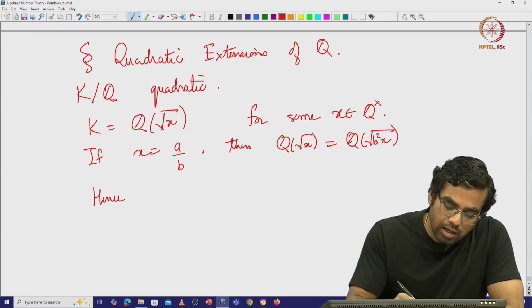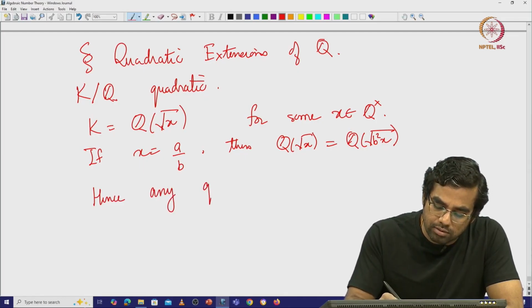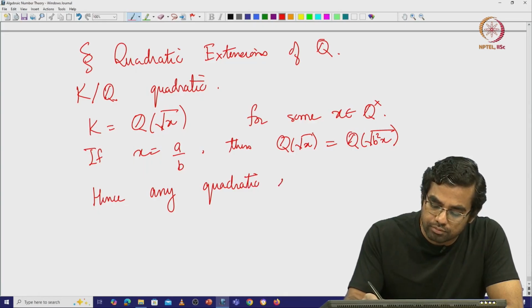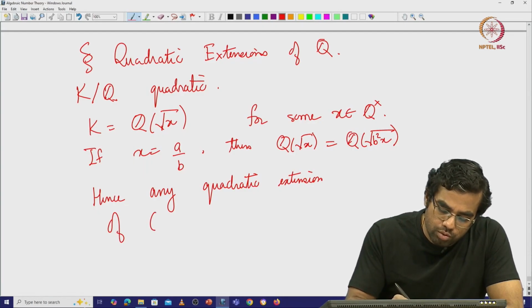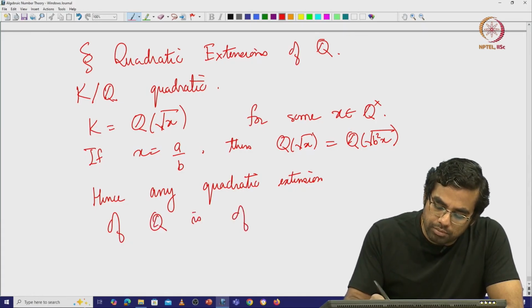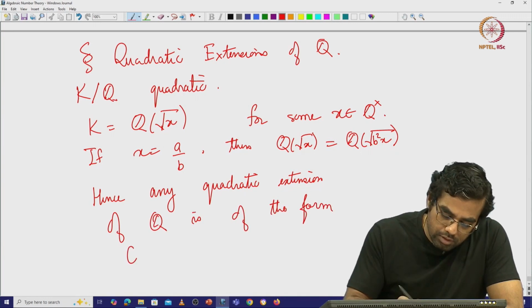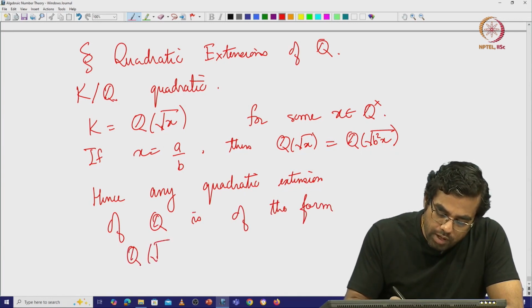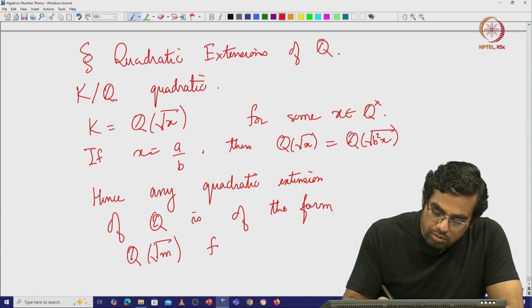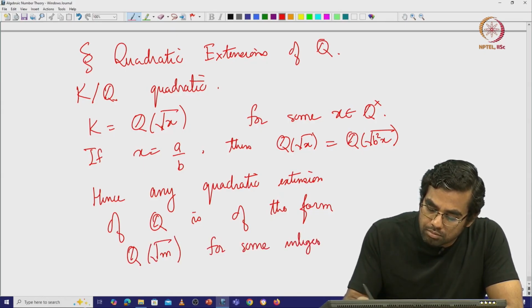Hence, any quadratic extension of Q is of the form Q(square root of m) for some integer m.